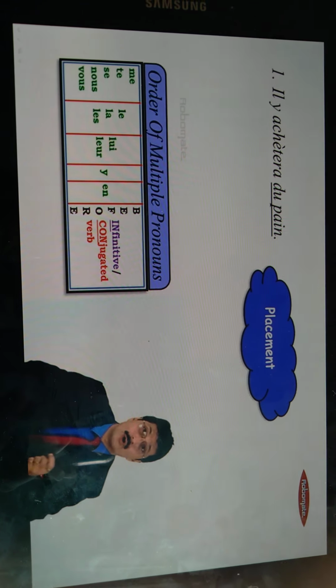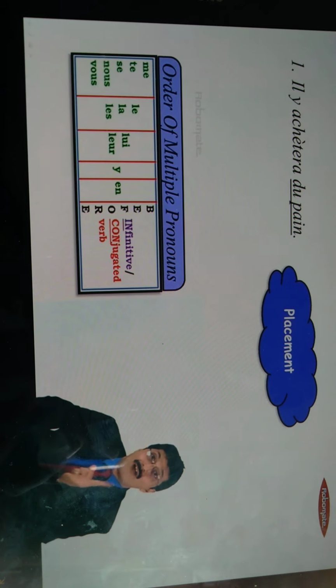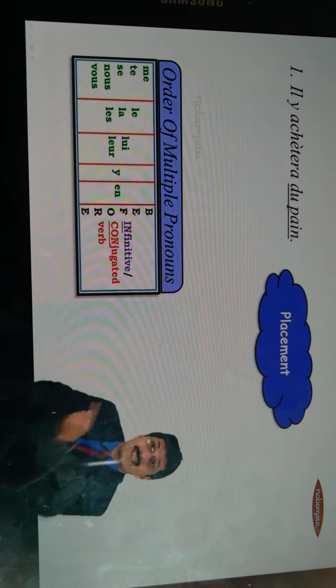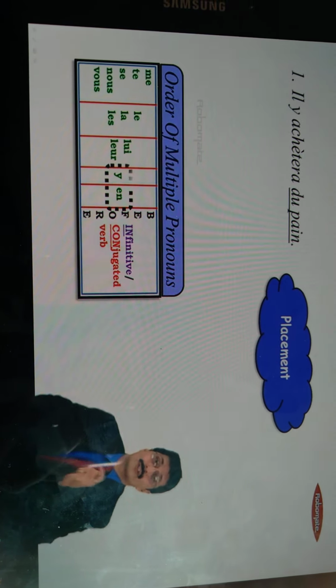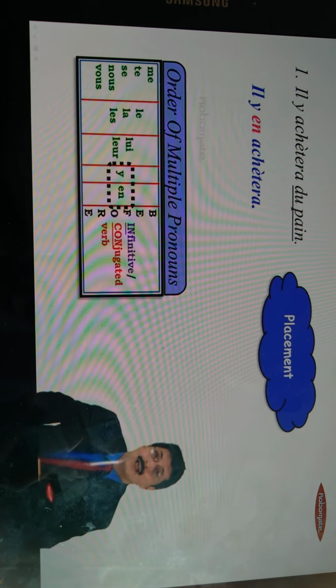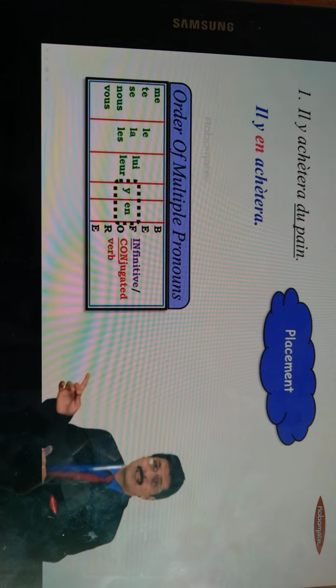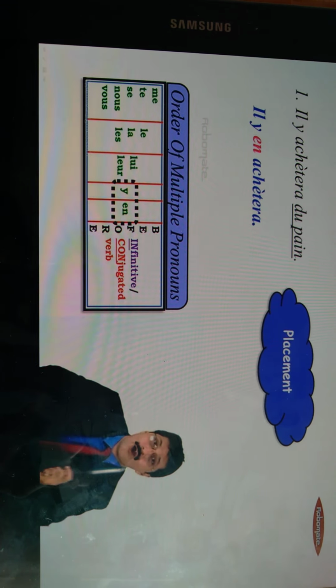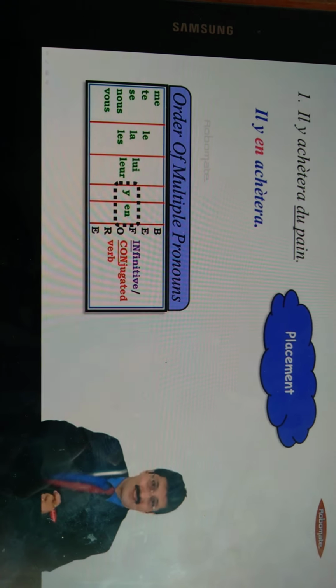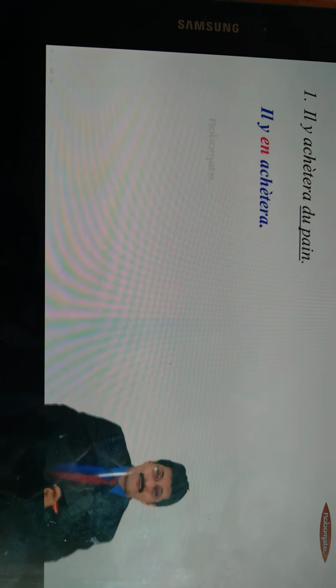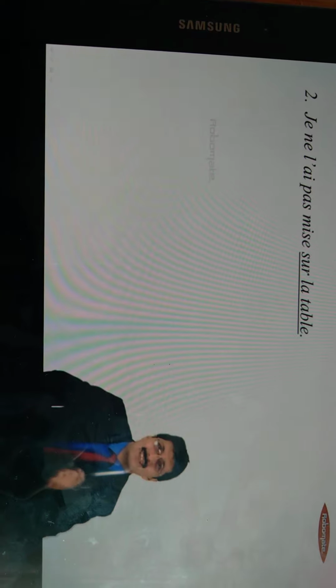We already know that en will come after il, and in this case immediately before the conjugated verb, and that verb is achètera. So my answer, as you can see, il en achètera. Isn't that fantastic, my friends? That's my answer. My dear friends, let's look at the next one.